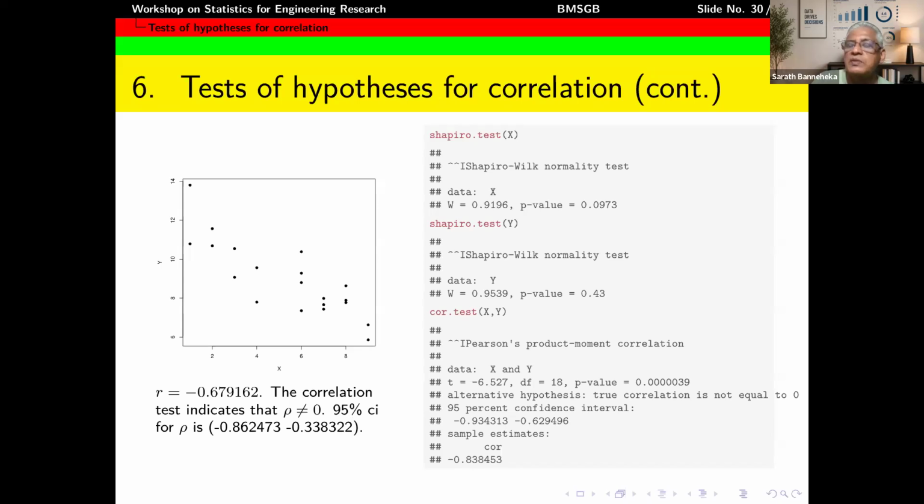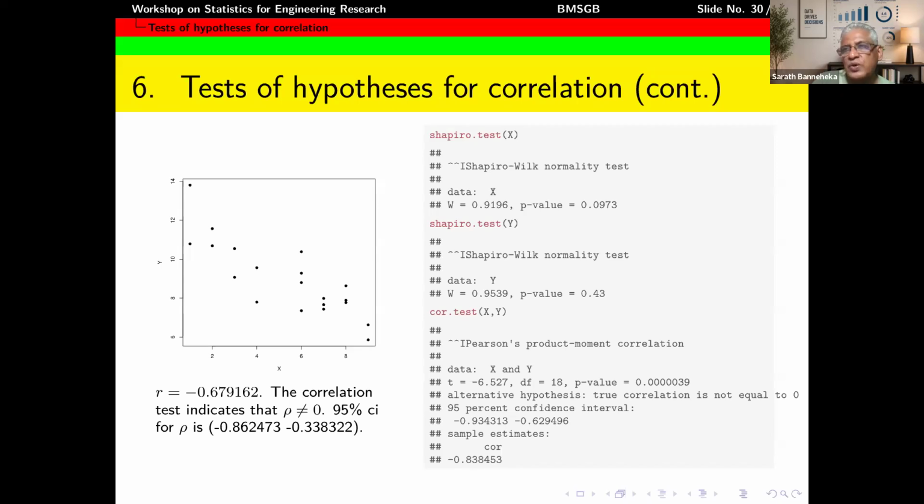So first of all, we can decide there is a linear relationship between X and Y in the population, because rho is not equal to zero. Then the question comes: is it a weak, moderate, or strong linear relationship?